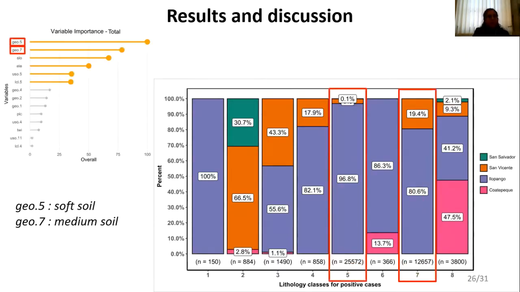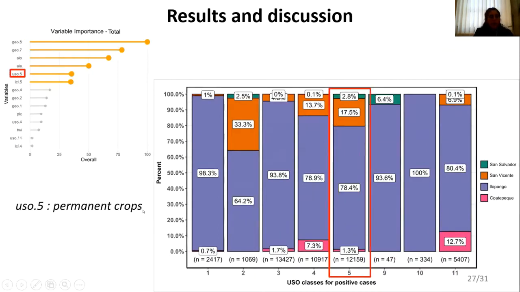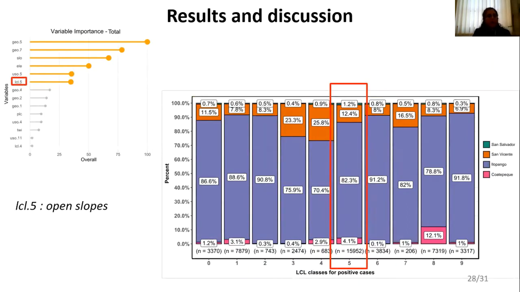In particular, for the geomechanical units, classes 5 and 7, corresponding to the soft and medium soil, are the most affected. About land use, the permanent crops class is the most affected. And finally, for the landform classification, it is class 5, corresponding to the open slopes.